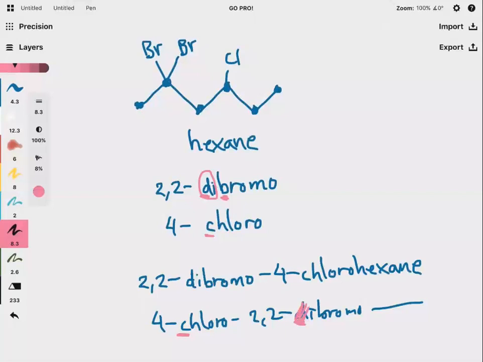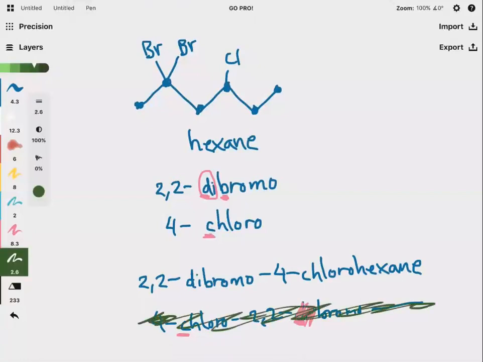We never look at the di's and the tri's and the whatevers. We look at only the actual name or the letter of the actual substituent. Okay? So this would be wrong. And the name would be 2,2-dibromo-4-chlorohexane.